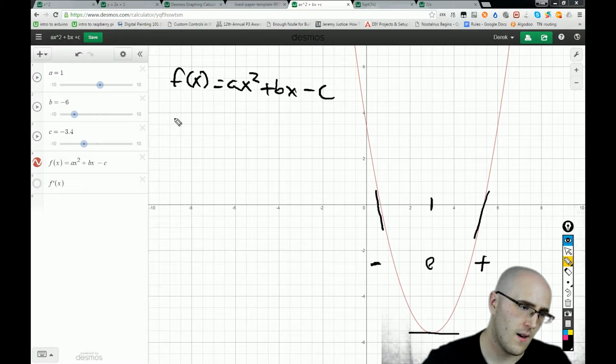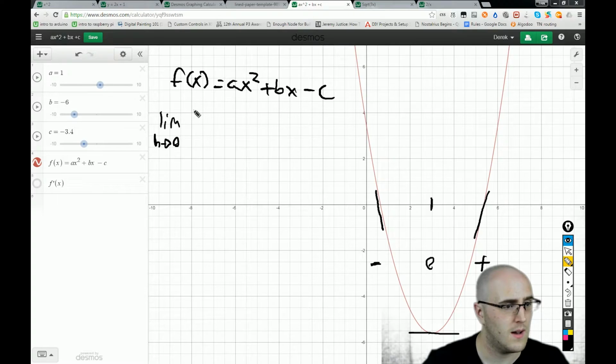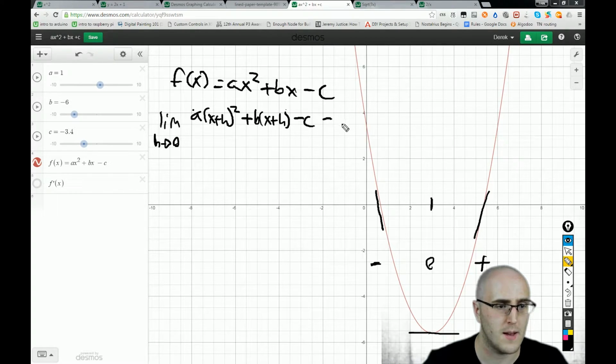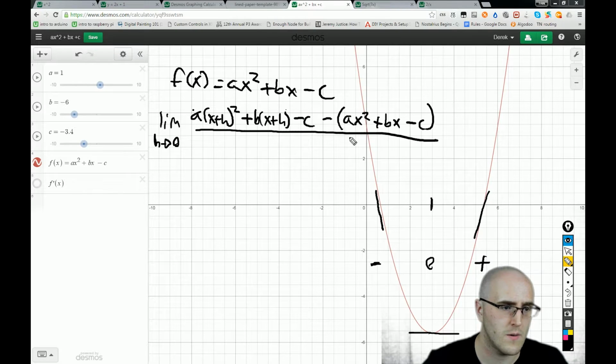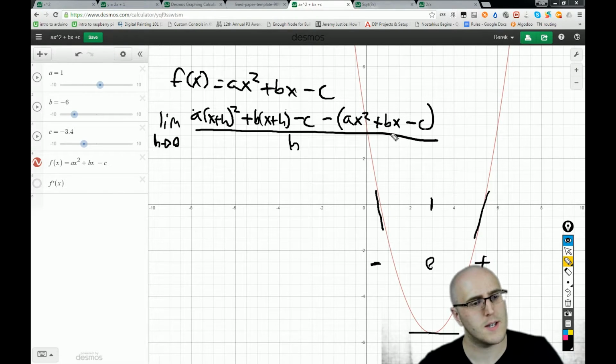So let's go ahead and derive it and see what actually ends up coming out. So we want to take the limit as h goes to 0 of a(x plus h) squared plus b(x plus h) minus c, all of that minus (ax squared plus bx, no, it is minus c. Okay, minus c). All of that over h. So let's start multiplying this out.